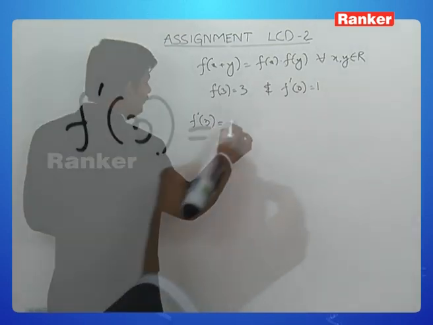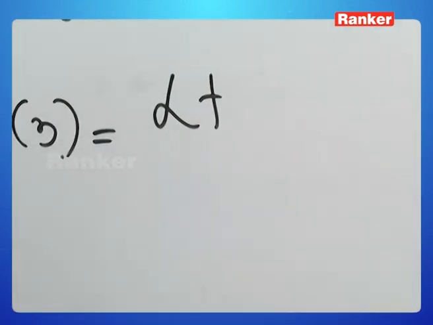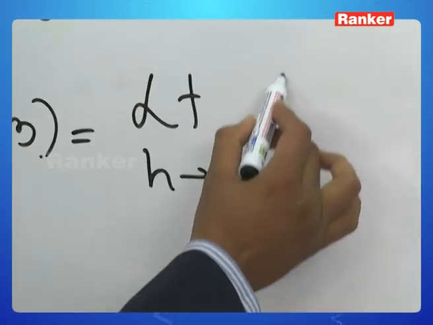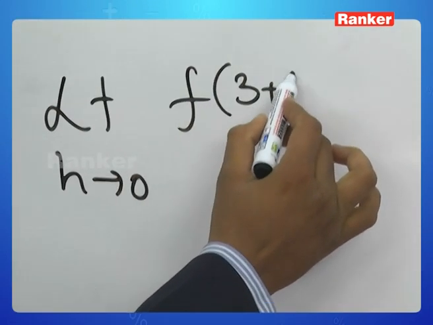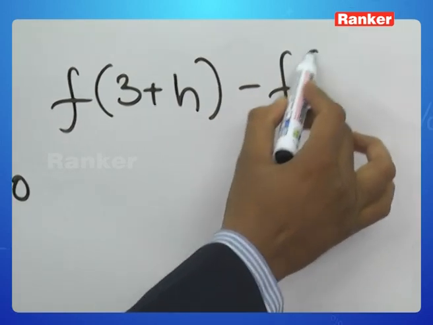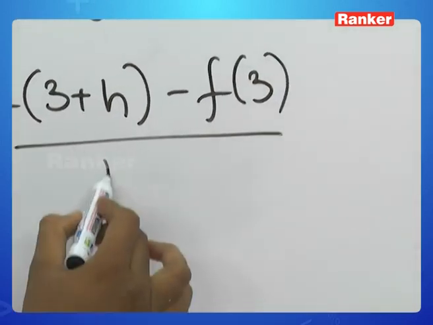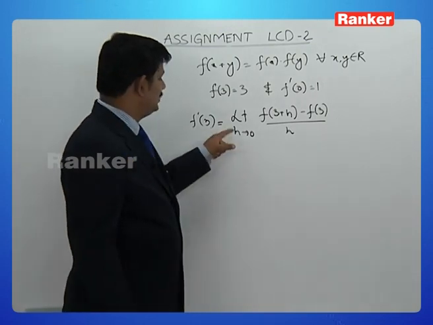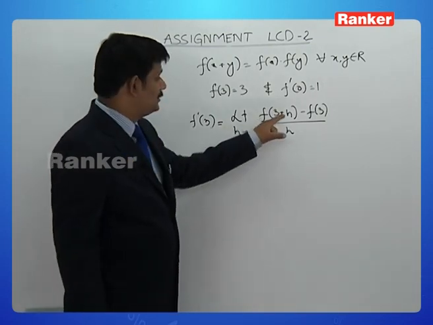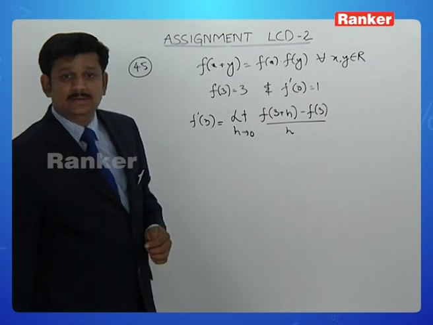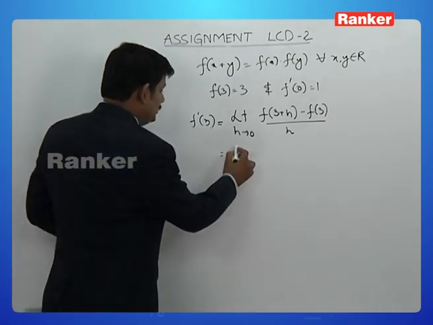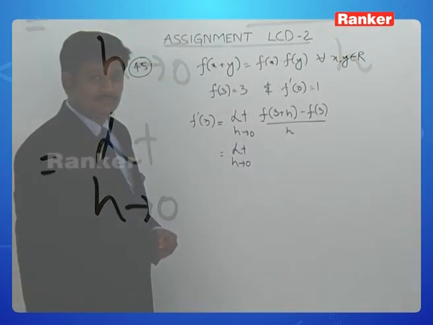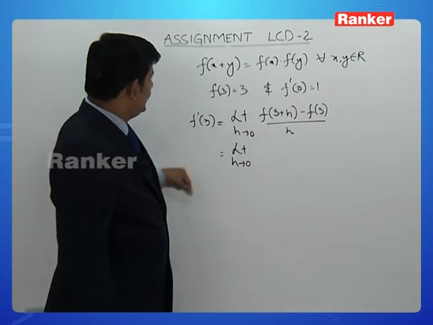We need to evaluate f dash of 3. F dash of 3 by definition, we know, is limit h tending to 0 of f of 3 plus h minus f of 3 divided by h. F dash x, we know, is limit h tending to 0 of f of x plus h minus f of x divided by h.